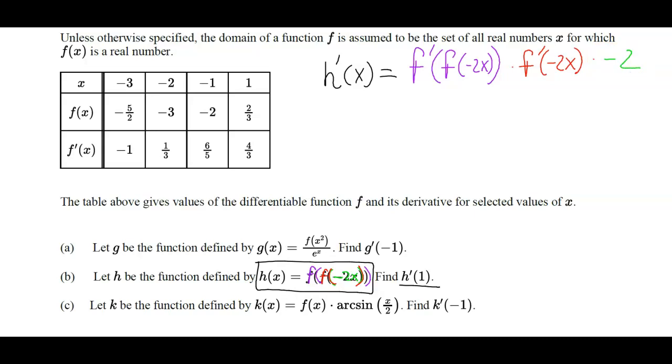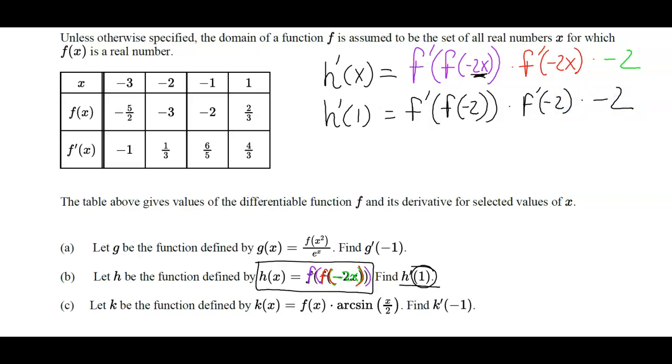All right, moving on. Now we want to plug in our 1. If you plug in 1 here, you just get -2. Same thing here.